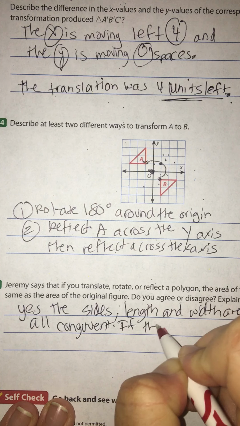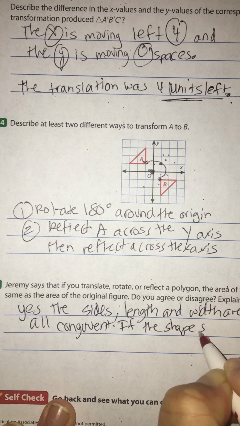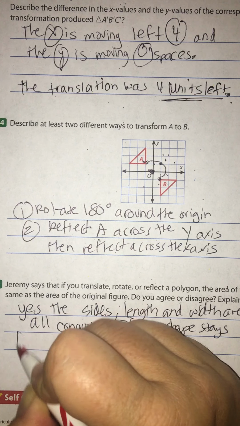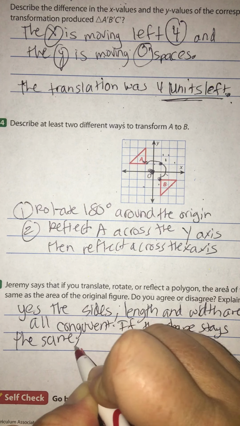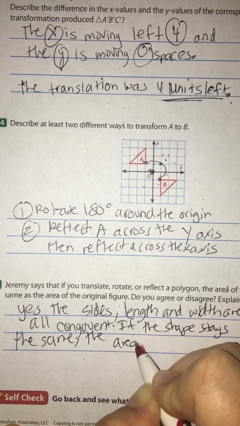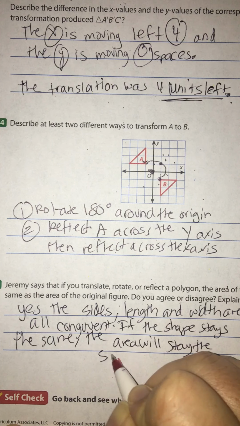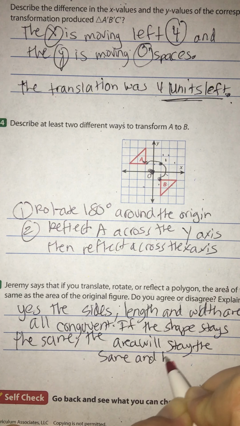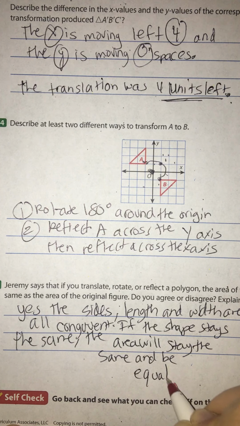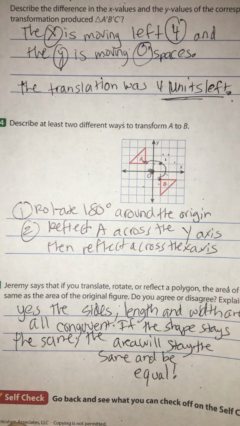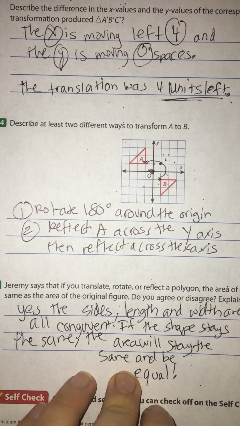If the shape stays the same, the area will stay the same and be equal. All right, so that's 181, 182, 183.